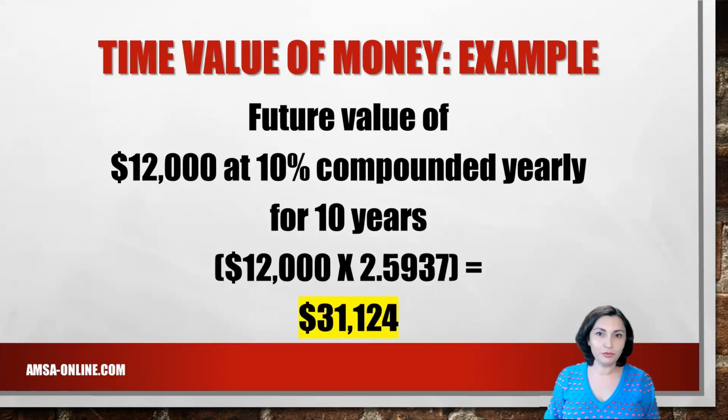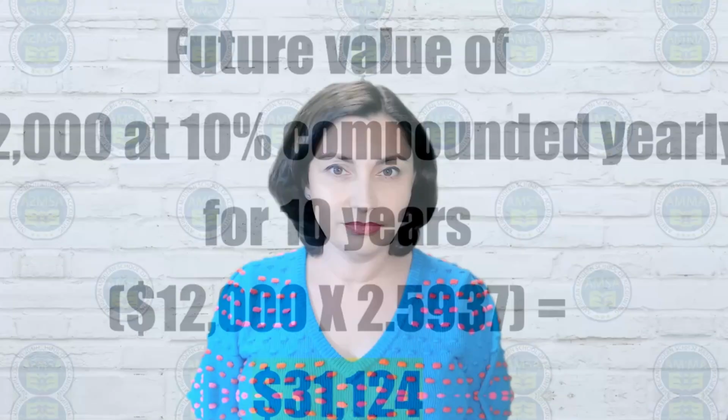Using the factor from the table, the future value of $12,000 at 10% compounded yearly for 10 years is $12,000 multiplied by 2.5937 equals $31,124.